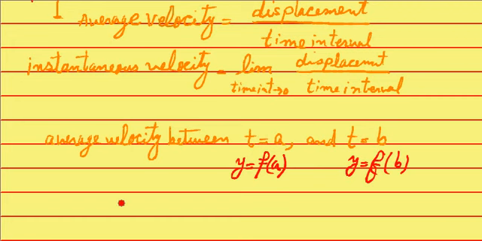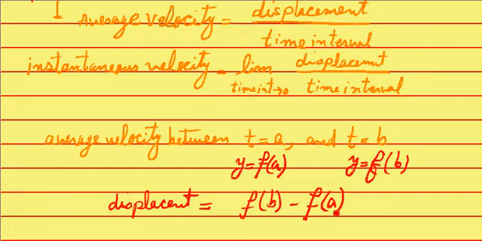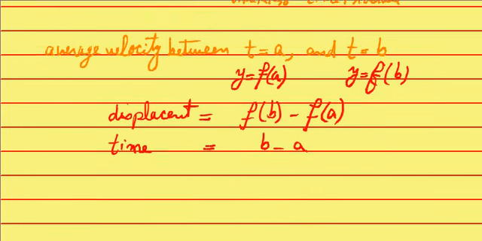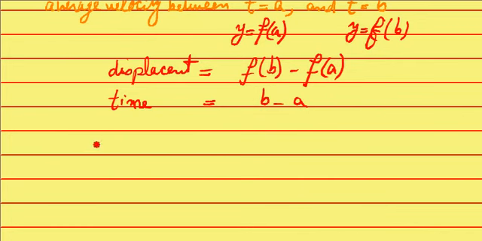So your displacement is the difference of these two, f of b minus f of a. The time interval, the time it took for this trip to happen, is just b minus a.